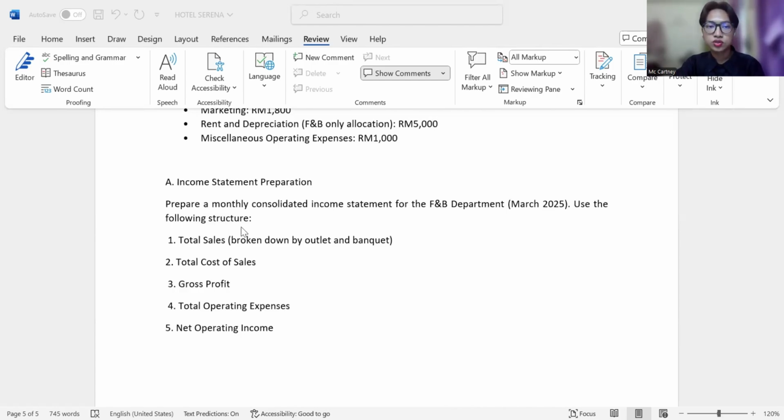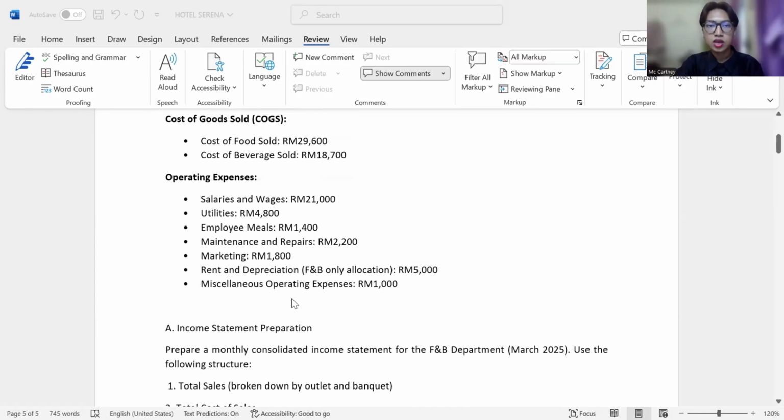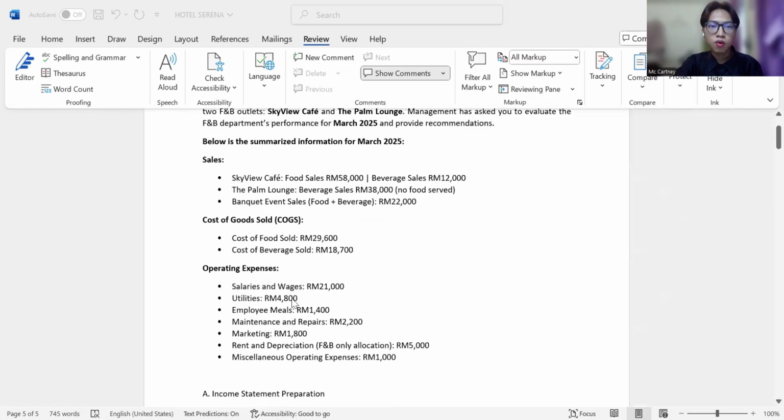We need to have total sales, total cost of sales, gross profit, total operating expenses, and net operating income that come from all the summarized information, also for March 2024. We need to use all these in our income statement.